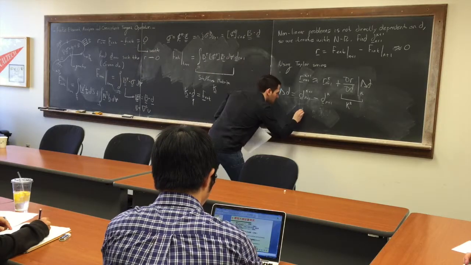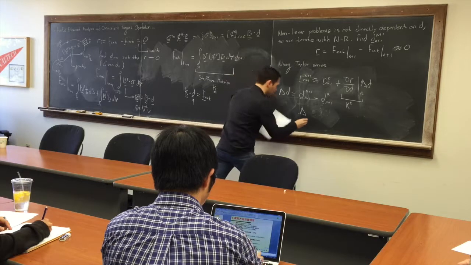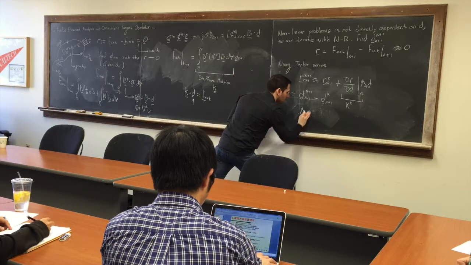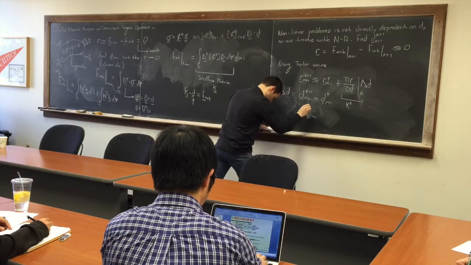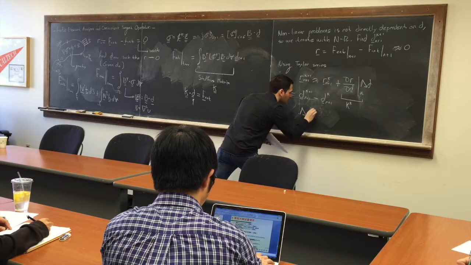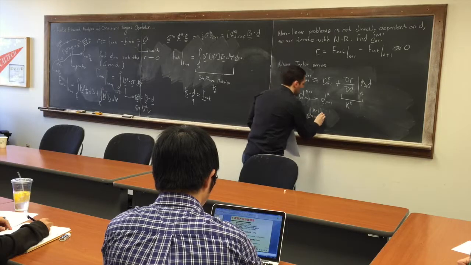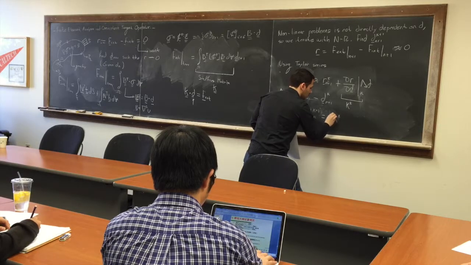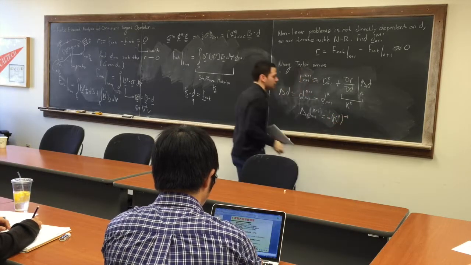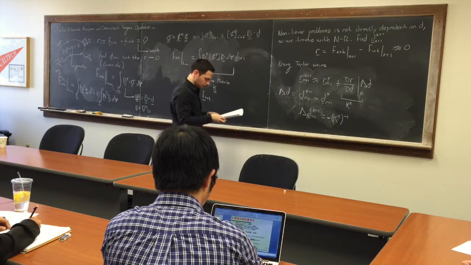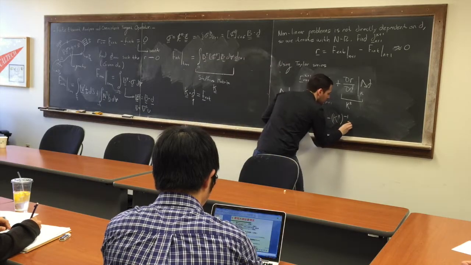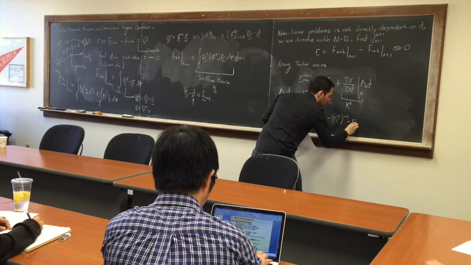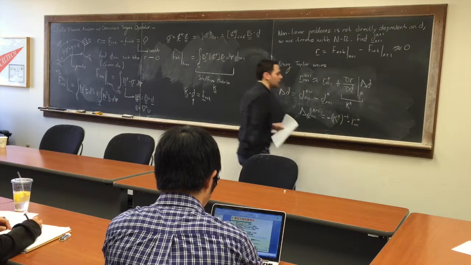So in the end, what we have is delta d_{n+1}^{k+1} equals minus K inverse times the residual at n plus 1 at the iteration k.